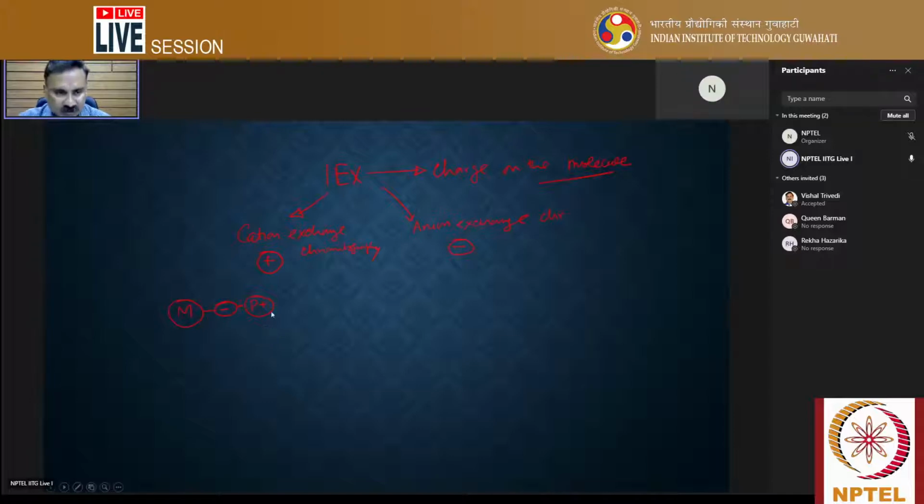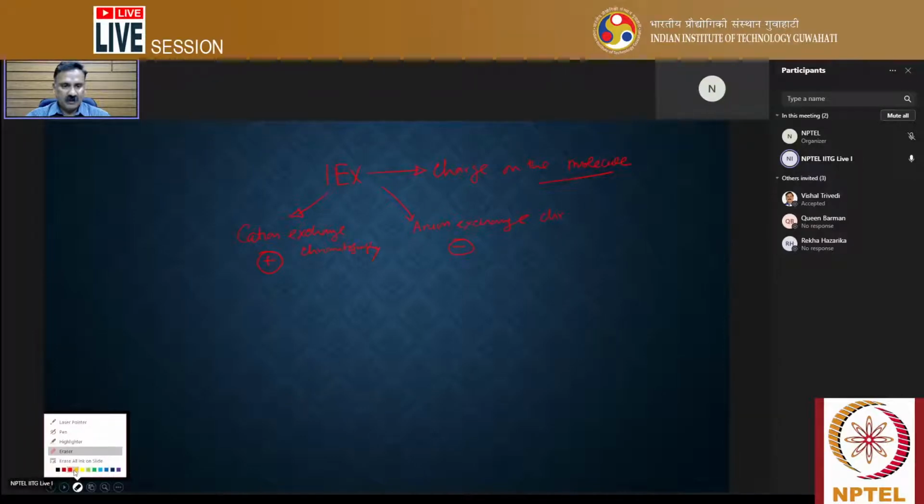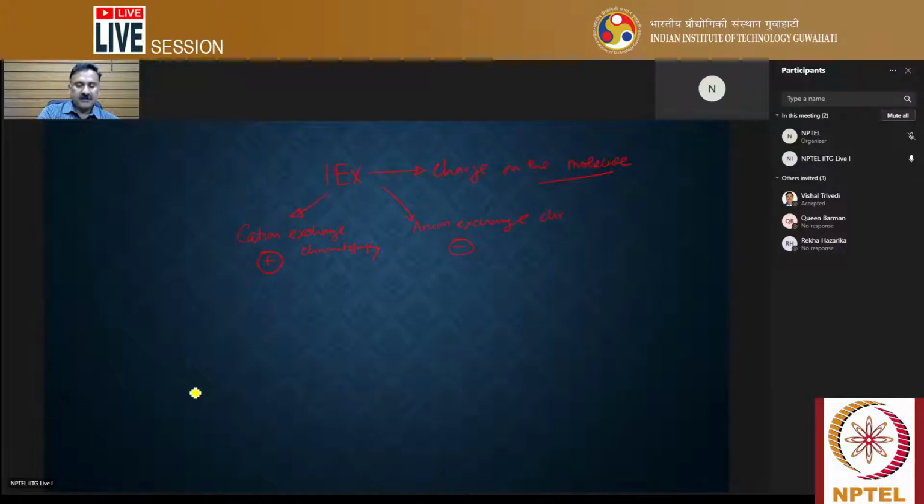Let me go a little back. In a typical ion exchange chromatography, you have a matrix.